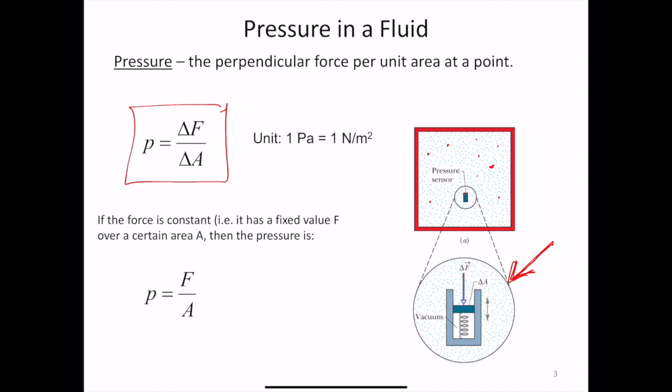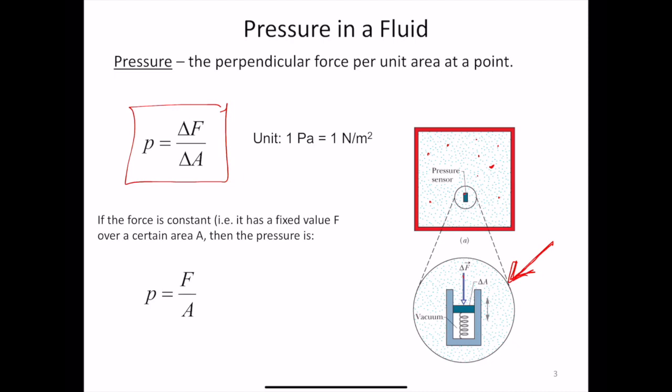The fluid will exert a force on the piston and push the piston in, and that force can be easily measured with the help of the spring, because if the spring constant is k, then the force exerted by a spring is k times x. So by just seeing how much the spring has compressed, you can measure the force, and then you can divide the force by the area of the piston, and you get the pressure exerted by the fluid at that point. And so this way you can calculate the pressure at each point inside the fluid.